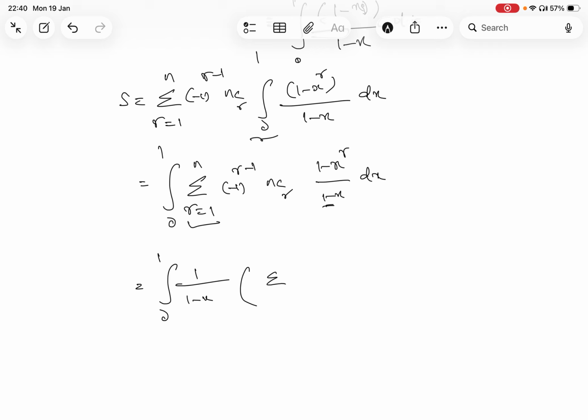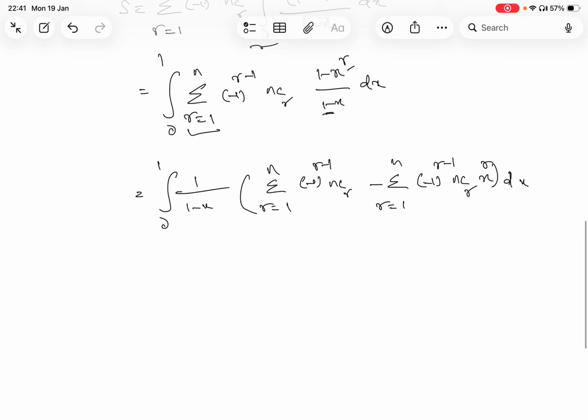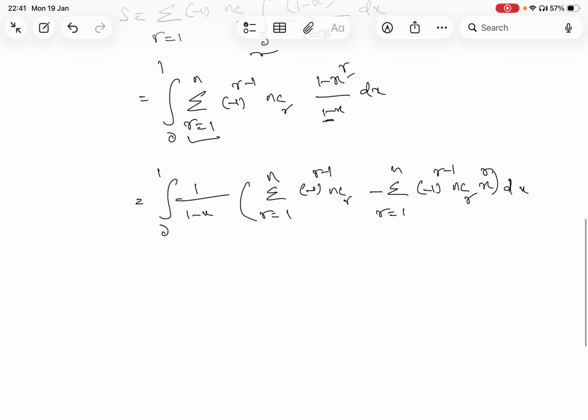Then this becomes summation r equal to 1 to n of (minus 1) whole power r minus 1 into nCr minus summation r equal to 1 to n, we are just expanding this part, of (minus 1) whole power r minus 1 into nCr into x power r into dx. Now comes the interesting part.